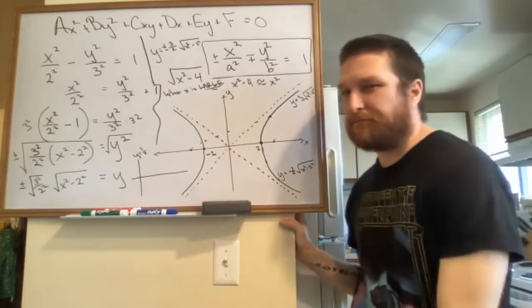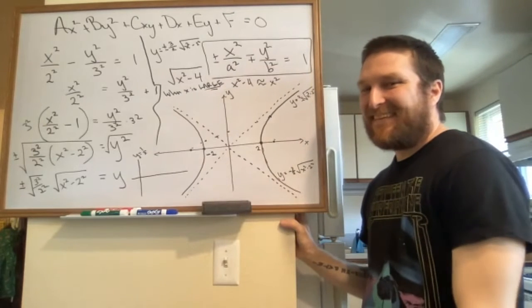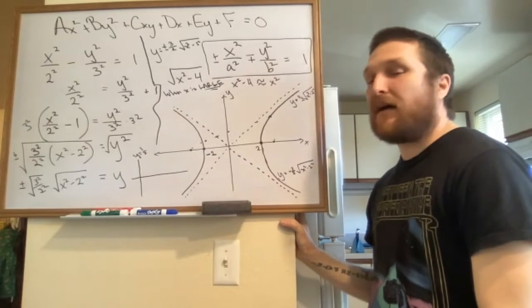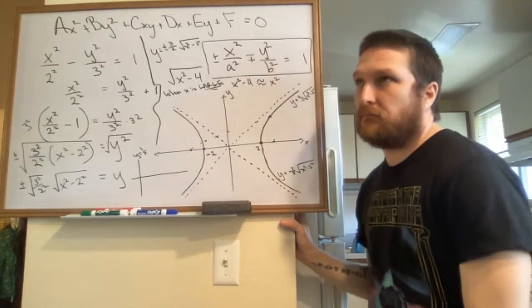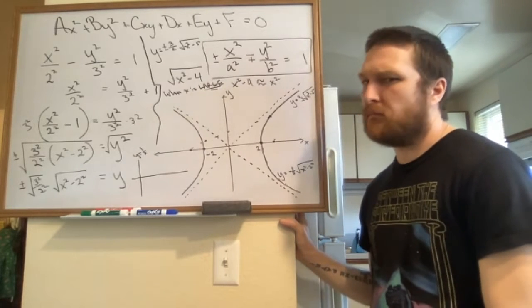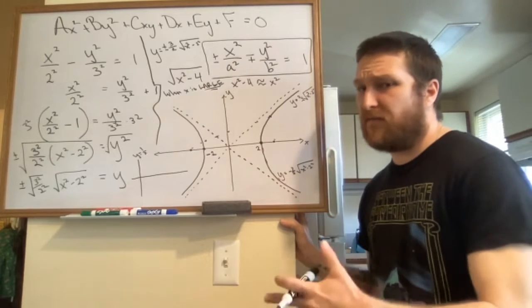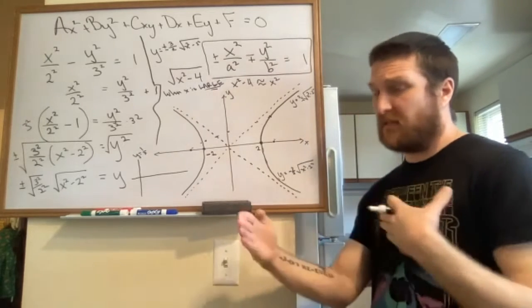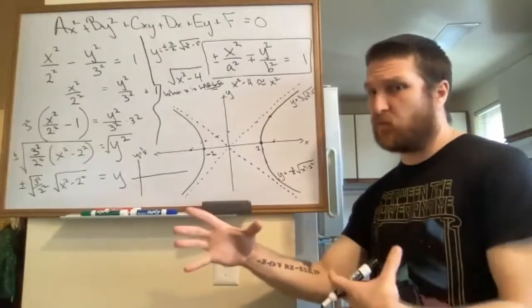Does that make sense? Like, take 5 and square it. Okay, that's 25. Minus 4 is 21. That's pretty close.